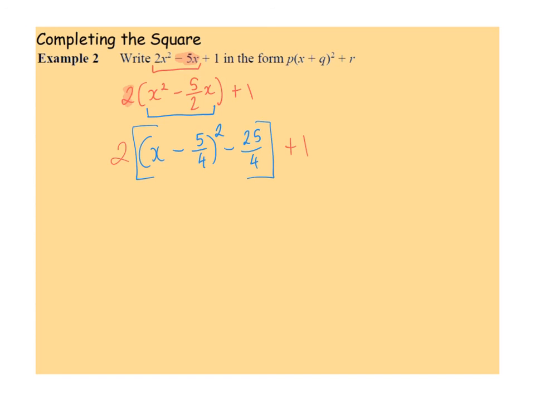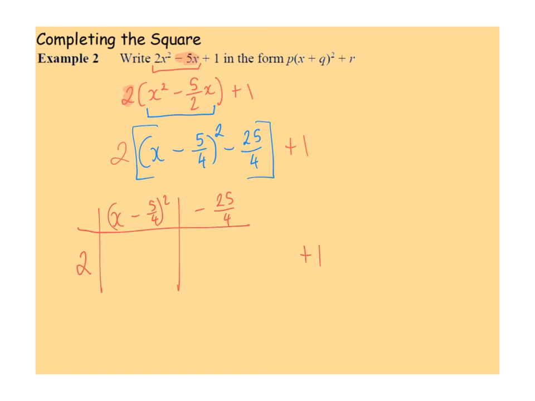Okay, and then this needs expanding, which means we need to use the grid method. So we've got 2 multiplied by x subtract 5/4 squared, subtract 25/4, and then add 1 at the end.